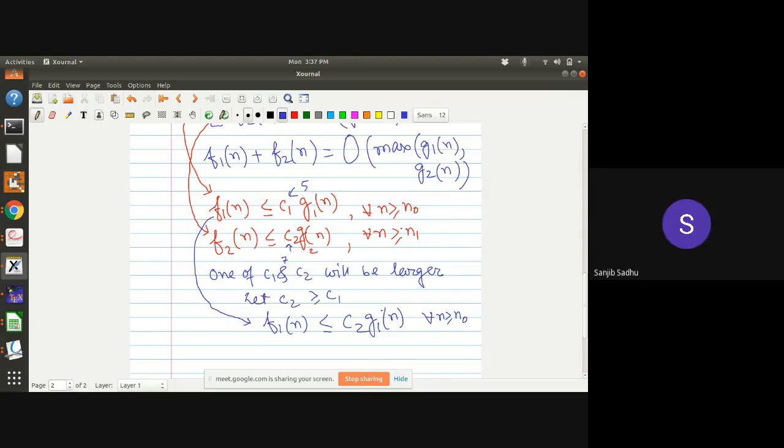Yes, sir, it is correct for all values of n. So I can write like this, for all values of n greater than or equal to n naught. I am not changing it. Please check it. So from these two, I am getting f1(n) is less than or equal to C2 into g1(n). Okay. Now consider these and this.